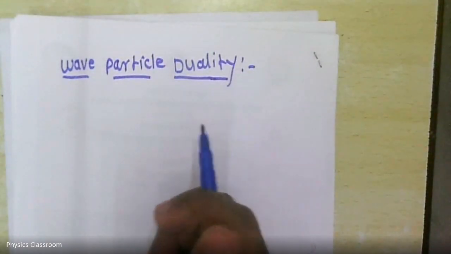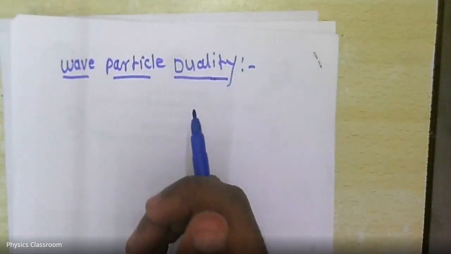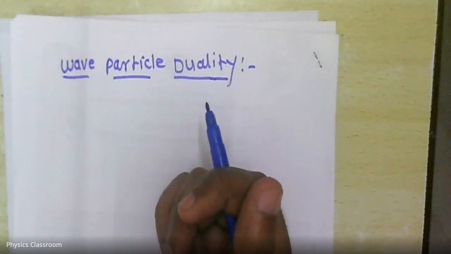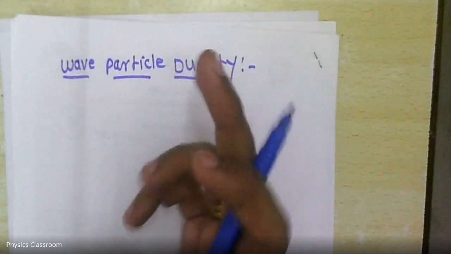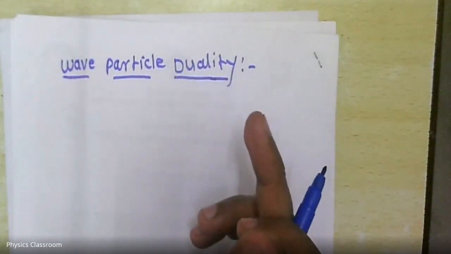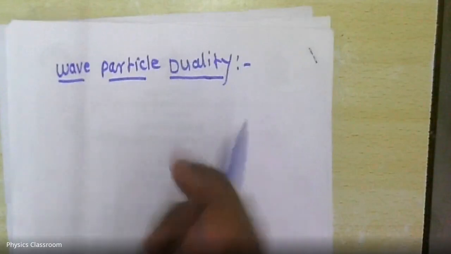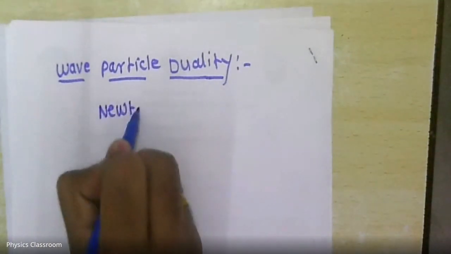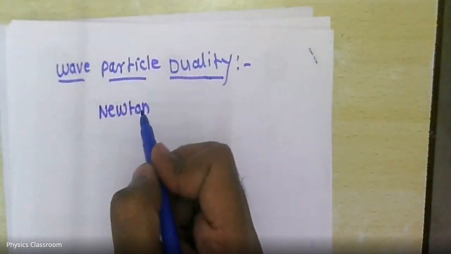Which scientists were doing research work on wave particle duality, what were their theories and what were their explanations? Just in short, here we want to study wave particle duality. The first thing we study is from Newton, the famous scientist Newton.